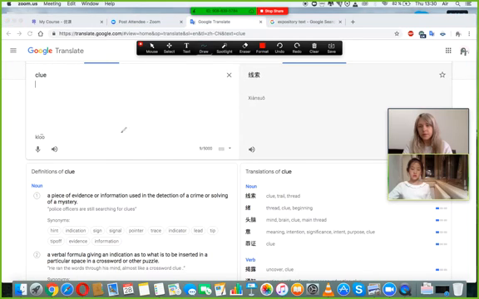Let's read the definition. A piece of evidence or information used to make a prediction about a plan or a theory. So that's a clue, a piece of information that helps us.